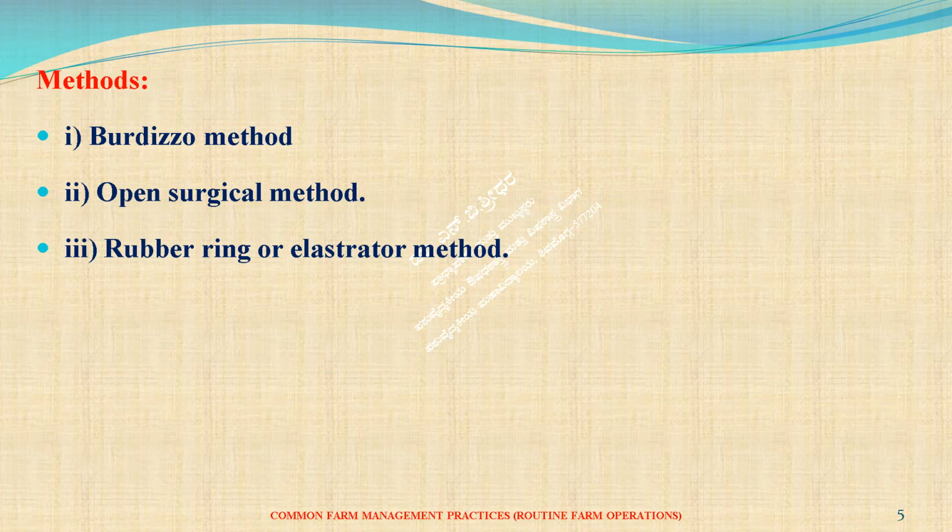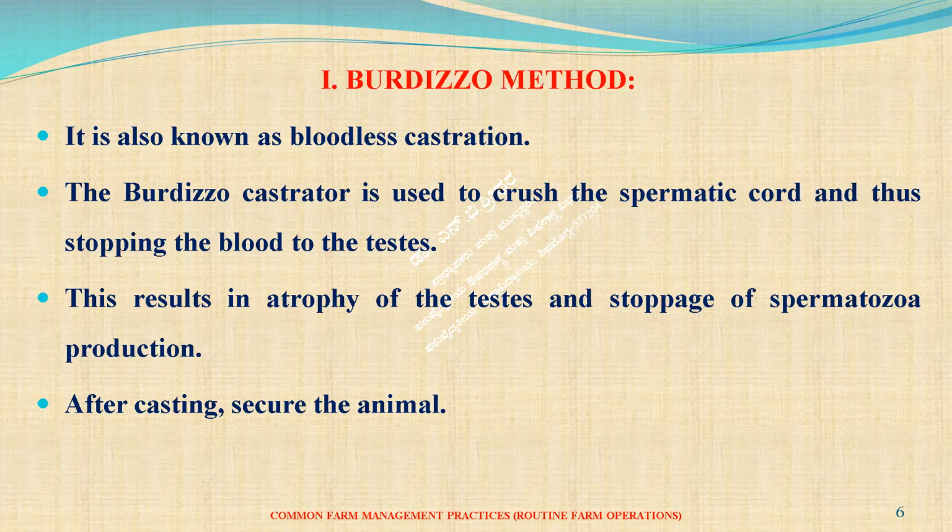Apart from the Burdizzo castrator, the open surgical method is also used, and the rubber ring or elastrator method. The Burdizzo method is also known as the bloodless castration method. The Burdizzo castrator crushes the spermatic cord, thus stopping the blood supply to the testes.